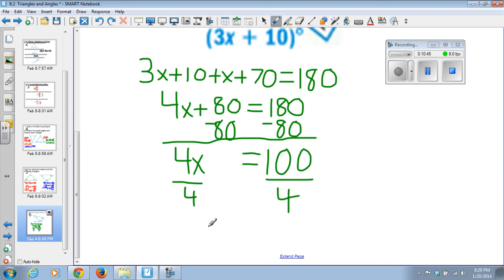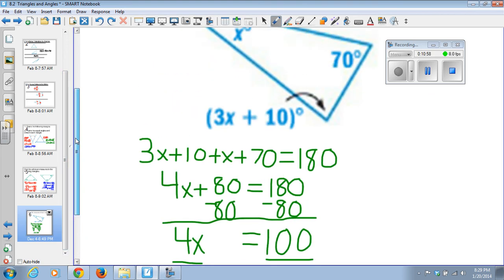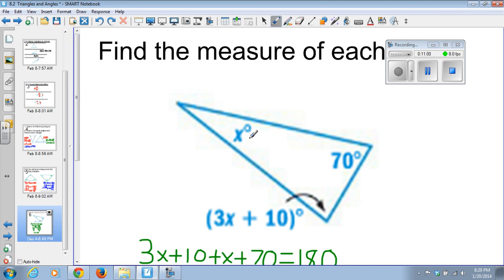Now remember, we found what x equals, but the question asks for the measure of each angle. So we're going to take this 25 and move it up and plug it in wherever we see the x. So we see x right here, so that makes it easy. So we have 25 degrees for that angle, and we know that one's 70.